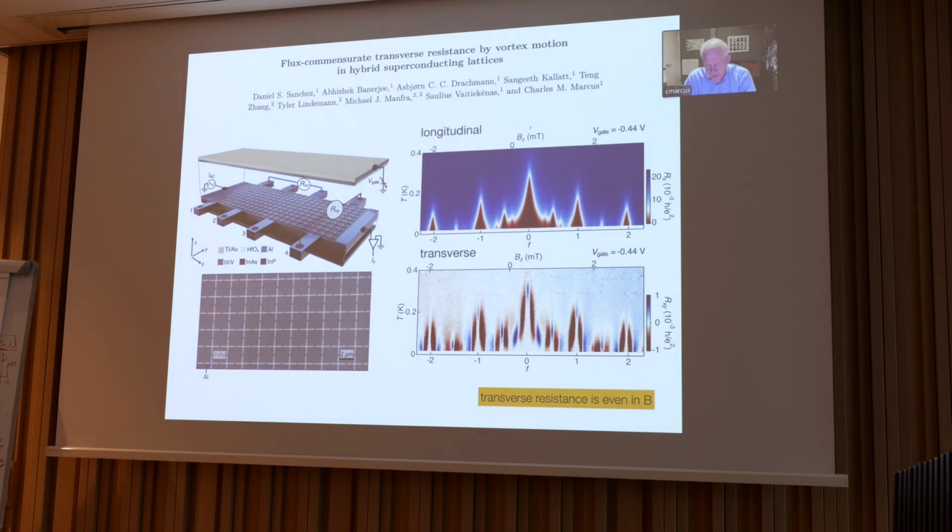This has yet to be published, but very stimulating and seen in a number of samples. Another piece of work from Daniel Sanchez that has yet to be published, it's sitting on my desk, so I apologize for that, is a measurement of Hall resistance in addition to the longitudinal resistance. Typically, when a superconducting person talks about resistivity, they're measuring a longitudinal resistance.